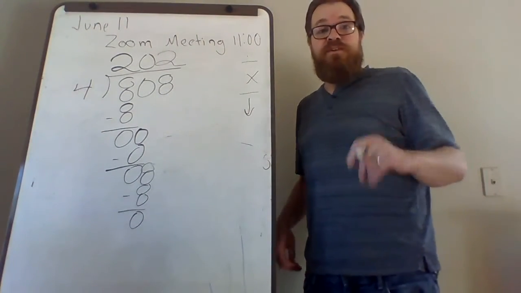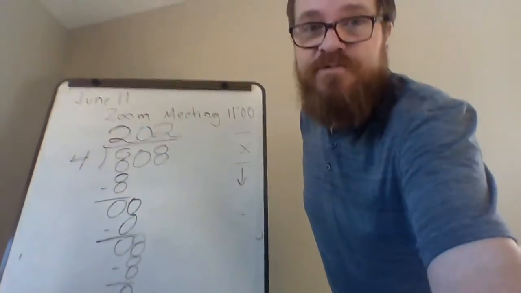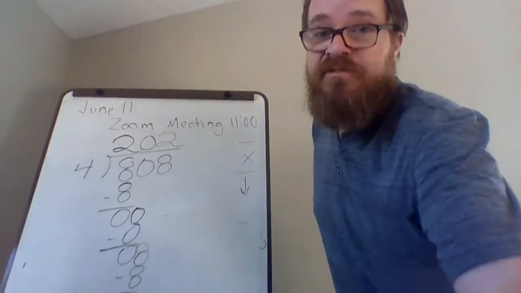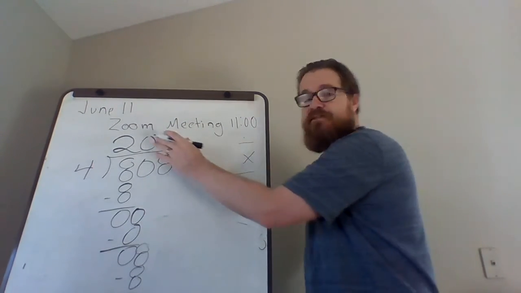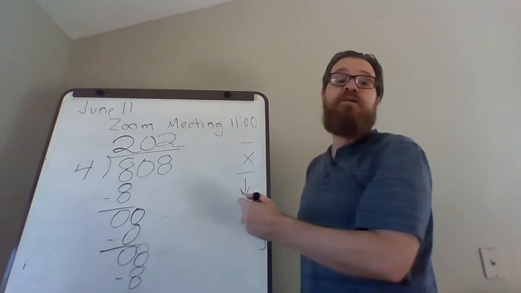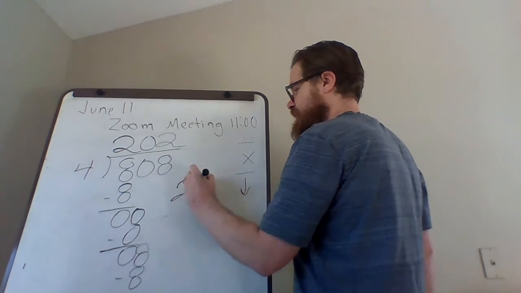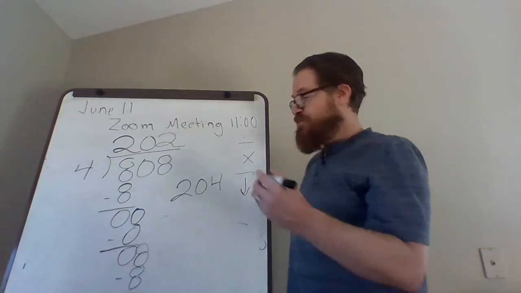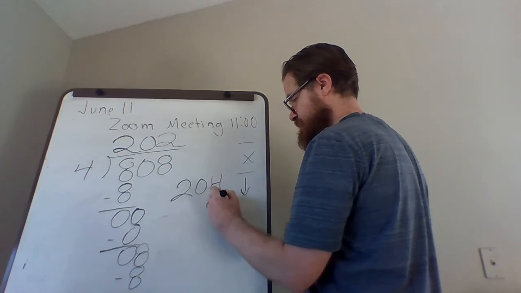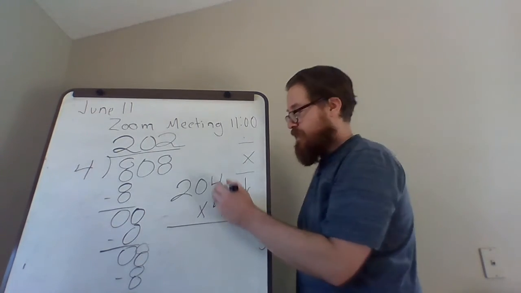I want to do one more thing. If you remember, we've been working on checking our answers. From yesterday, I want to take my quotient, my answer, and multiply that by my divisor. My divisor was 4. So I'm going to take 4 times 4.